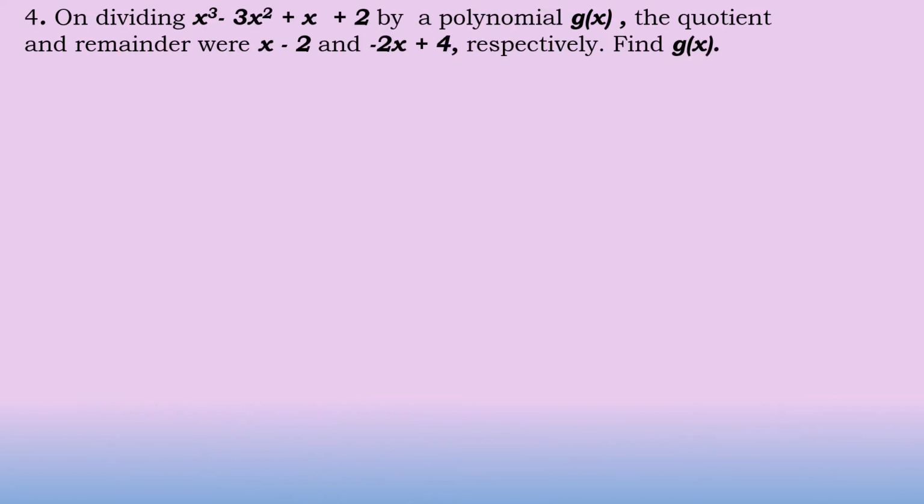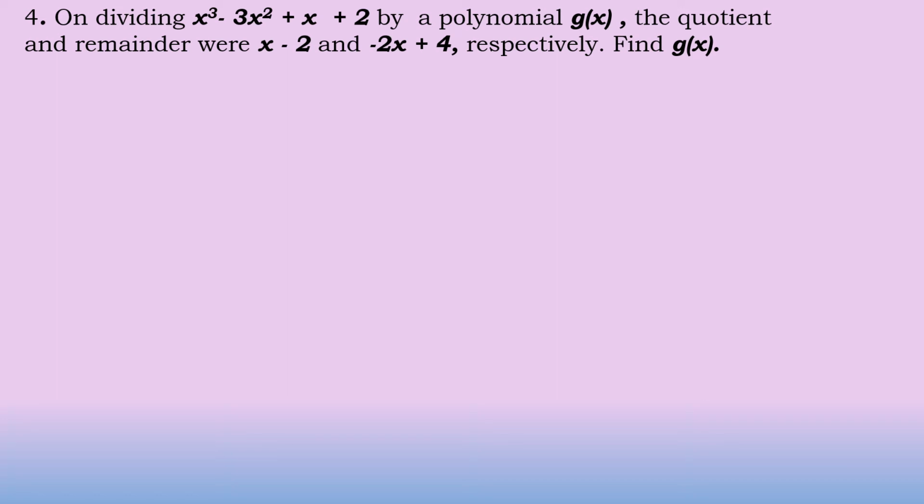Fourth problem. On dividing x cube minus 3x square plus x plus 2 by a polynomial g of x, the quotient and remainder were x minus 2 and minus 2x plus 4 respectively. Find g of x. So, we are given the dividend. What is the dividend here?